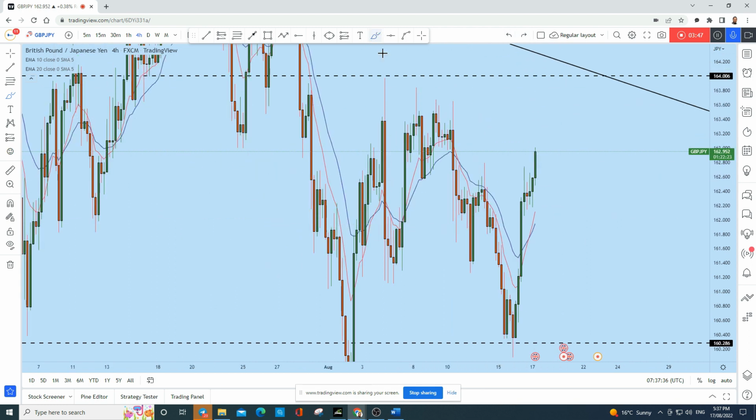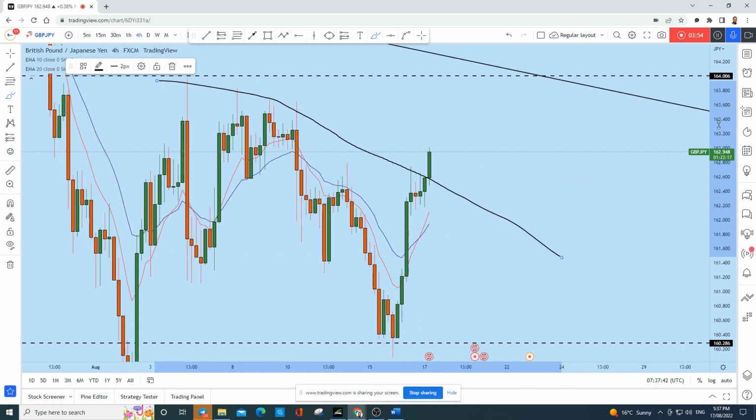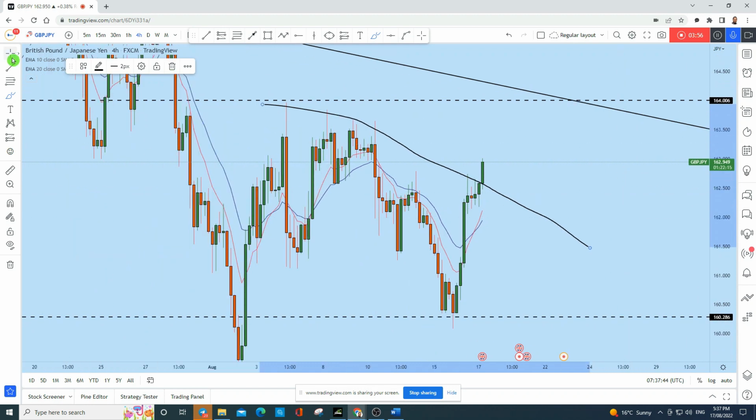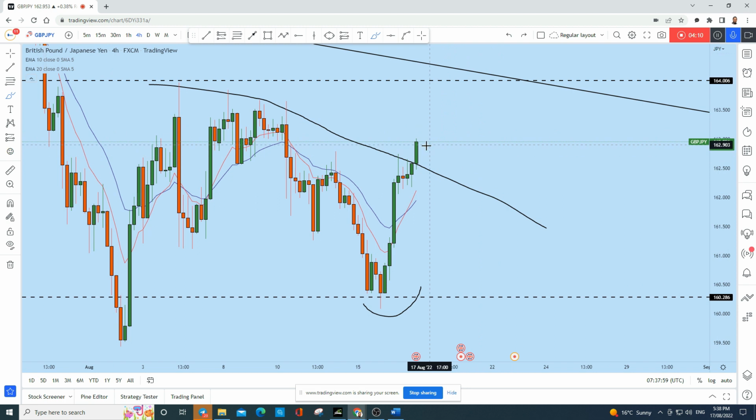Why? Because if you look at this dynamic resistance here, a long wick candle, we see that the price is now just above this level, and on the 4-hour perspective we see that a nice looking reversal pattern has been created. A head, a left shoulder with this green candle, a right shoulder with this doji, and we see an inverted head and shoulders has been created, and with that inverted head and shoulders we see that a long candle is being created.